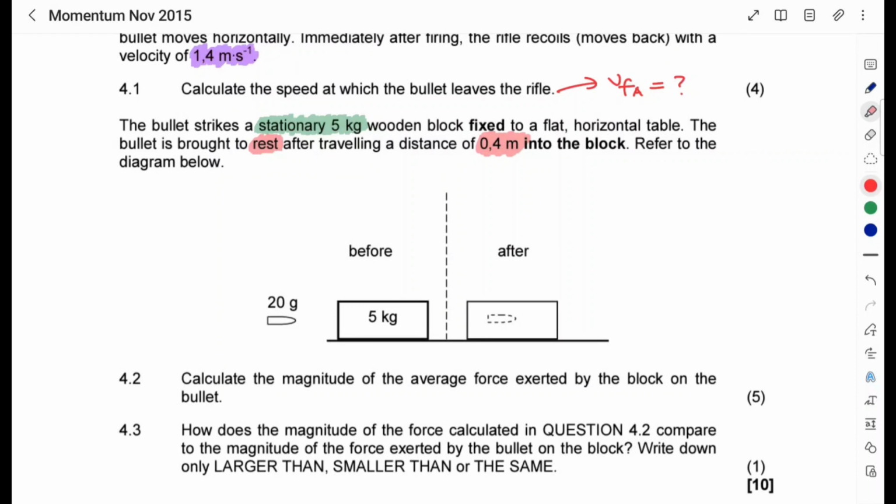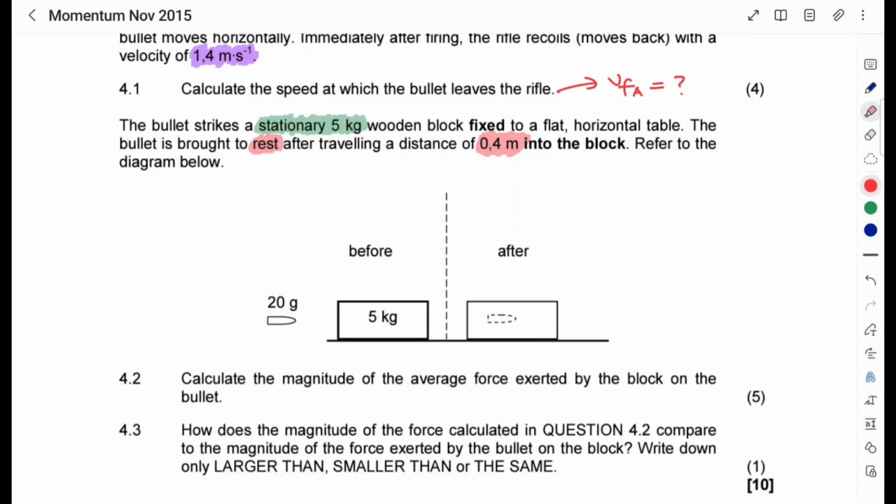So the important things to take away from this is that we have a 20-gram bullet that exits a rifle at a velocity of 210 meters per second, that being its initial velocity. This bullet enters a fixed block. Keep in mind the block has a mass of 5 kgs and is initially stationary.